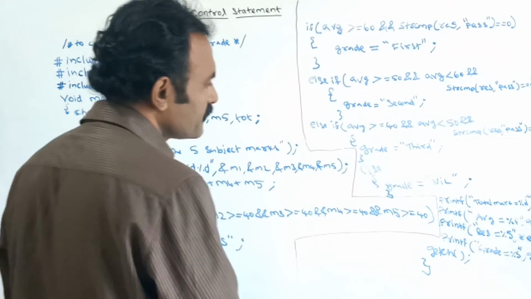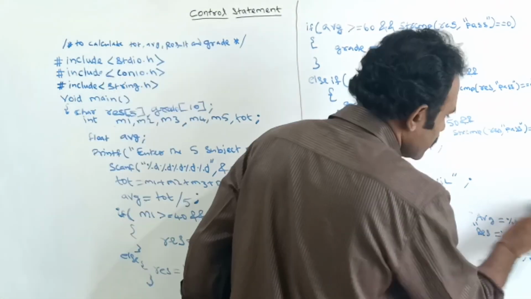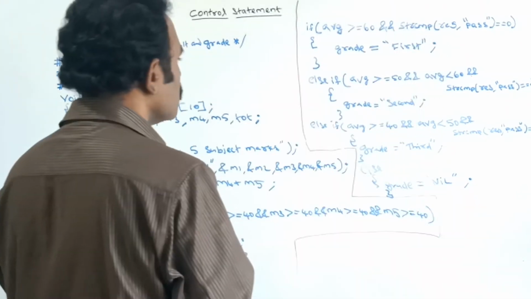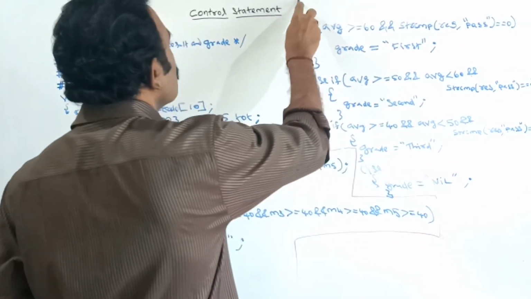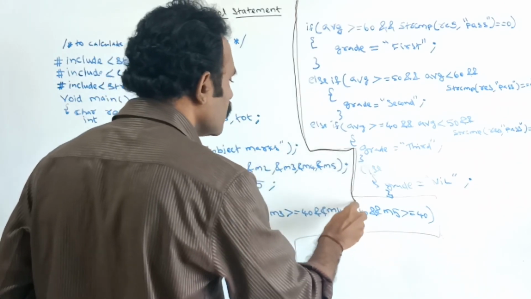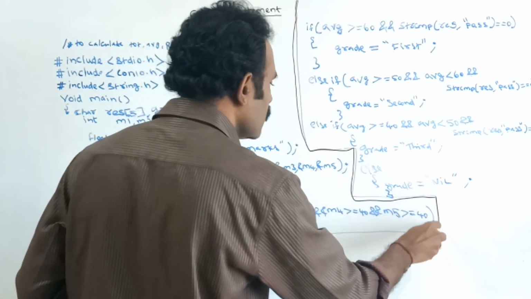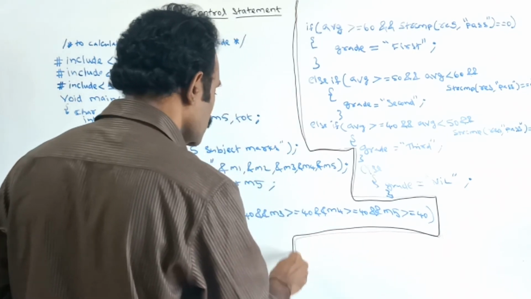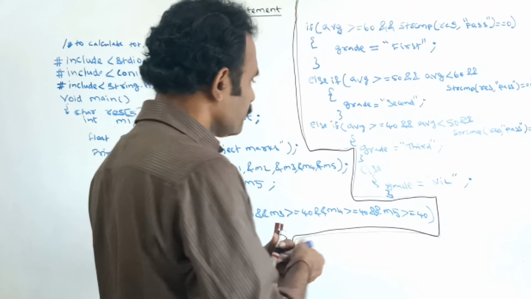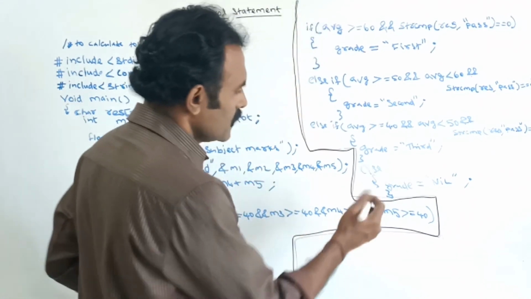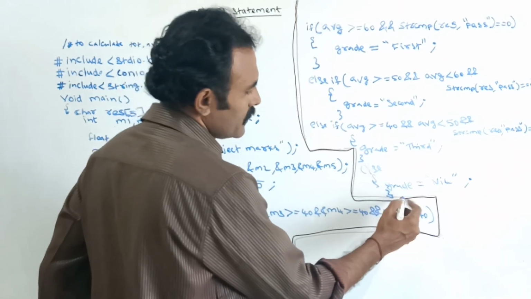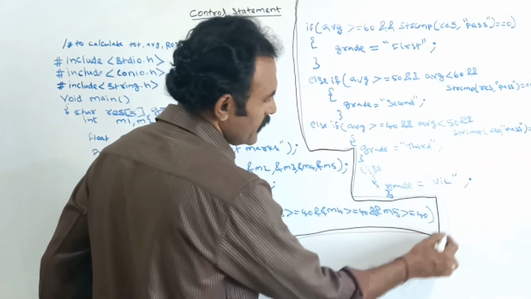Here this is one way, otherwise say after this else part, here I am continuing the program.